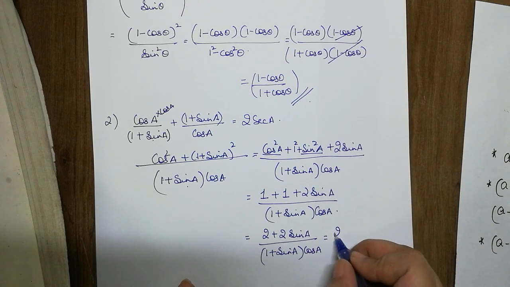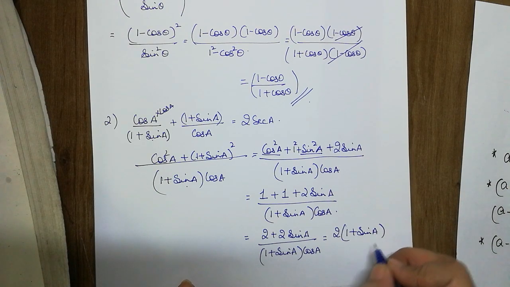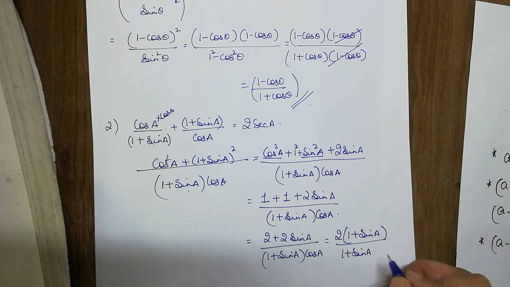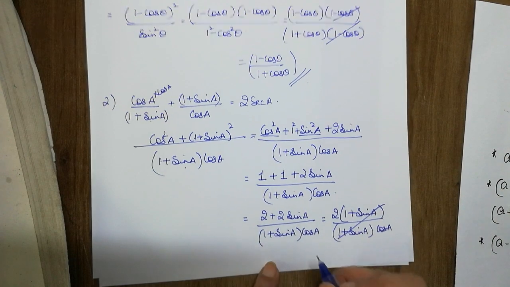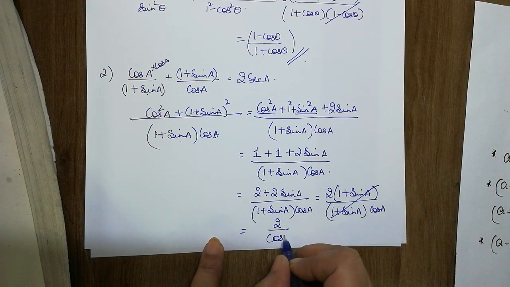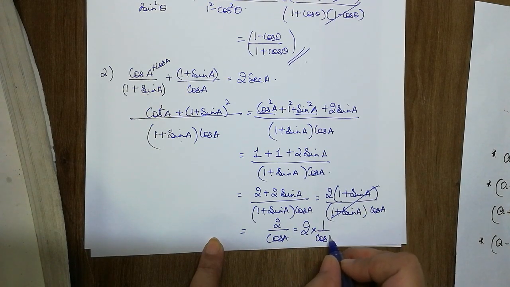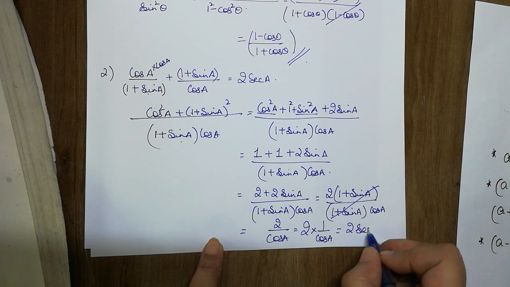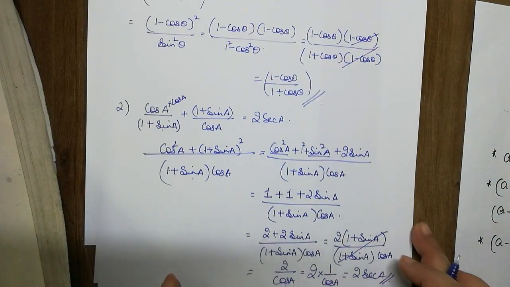Take 2 common out, here it will become 1 plus sin a divided by 1 plus sin a into cos a. Cancel this. So what is remaining finally? 2 divided by cos a. So you can write the answer directly, or 2 into 1 by cos is 2 secant a. Done. So this is our second sum.